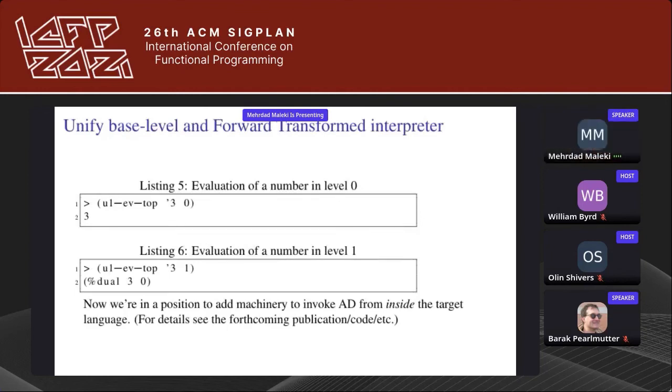Here, evaluating 3 at level 0 is just the real number 3, but at level 1 it gives us a dual number with the tangent part equal to 0.